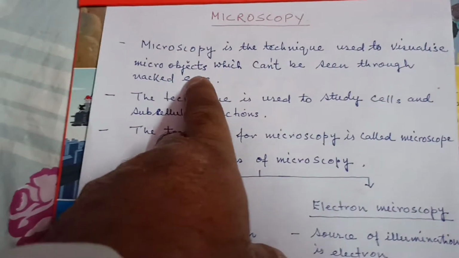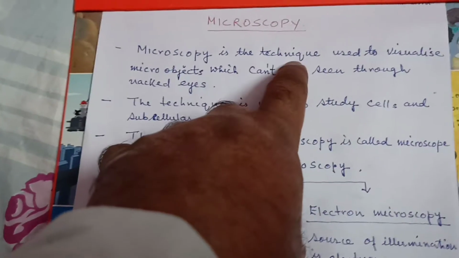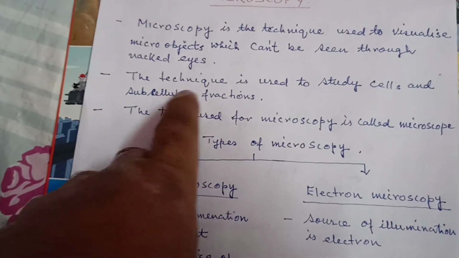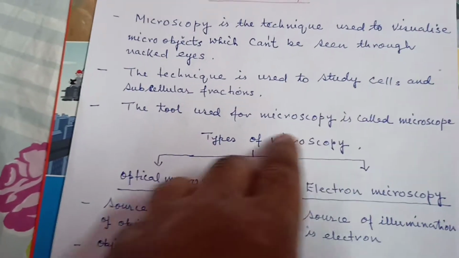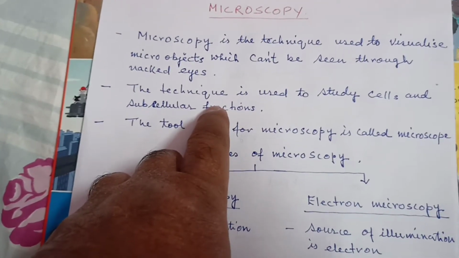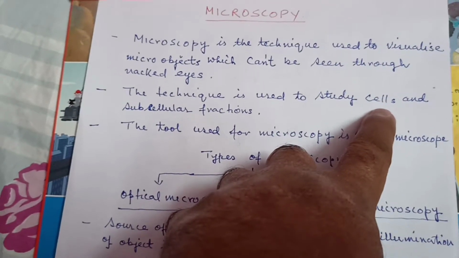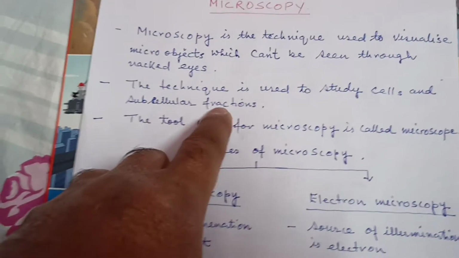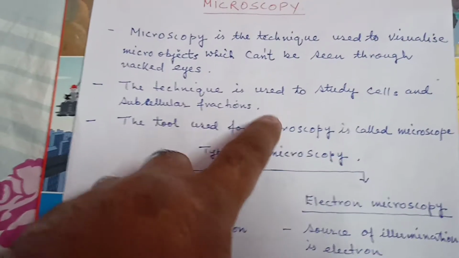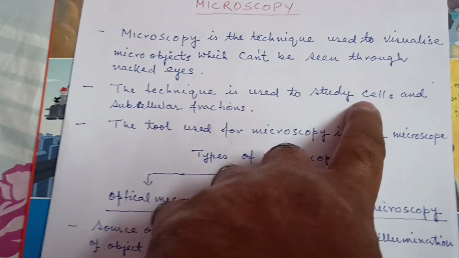For those objects, microscopy is used to visualize them. The technique is used to study cells and subcellular fractions. That means microscopy is used to see small objects like cells and subcellular fractions, that is the particles or molecules present within the cells.